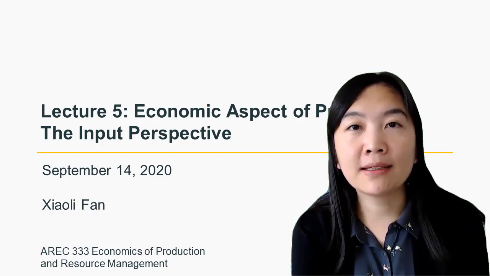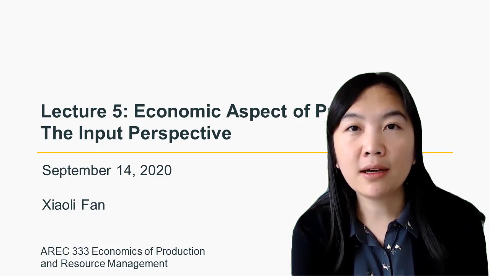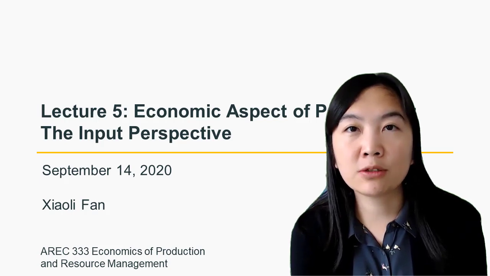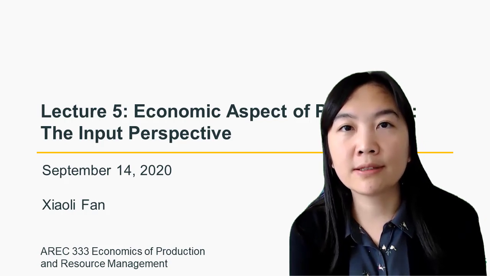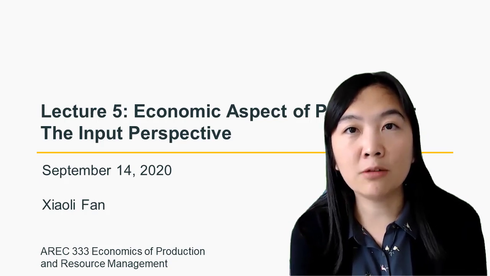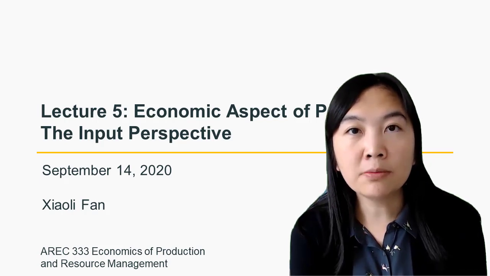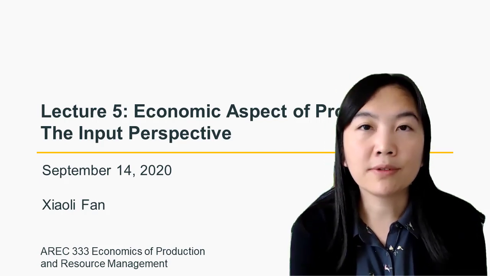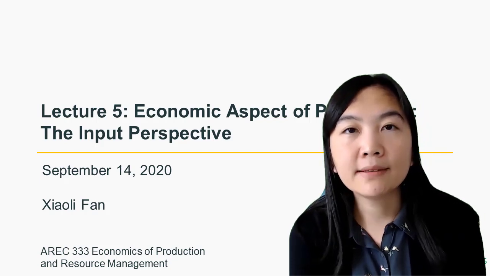What that means is that when the producer is deciding what to produce, how much to produce, is the producer deciding how much input to use, or is the producer first deciding how much to produce, which is first deciding the output, and then depending on the level of output, the producer will figure out how much input is needed.